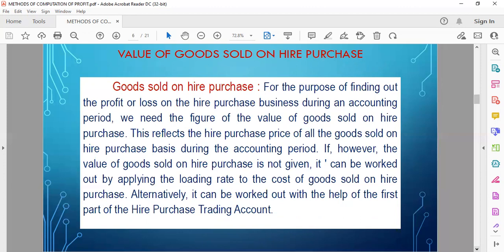It will reflect the hire purchase price of all the goods sold on hire purchase basis during the particular accounting period. However, the value of goods sold on hire purchase is not given. It can be worked out by applying the loading rate to the cost of goods sold on hire purchase. Alternatively, it can be worked out with the help of the first part of the hire purchase trading account.